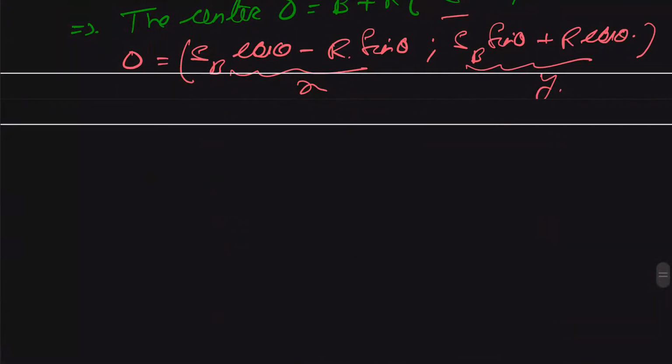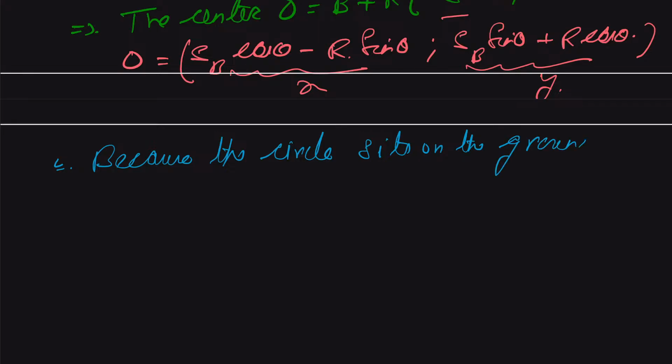Therefore we can say that because the circle sits on the ground, its center height is nothing but its y coordinate, which is the radius of the circle.